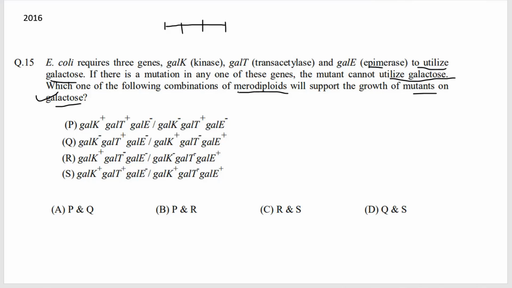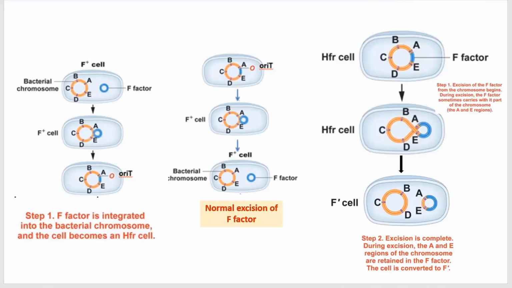The merodiploids concept I had already explained in the previous lectures, so I'll just go through a little revision. In bacteria, gene transfer takes place when there is a bacterium which has the F plasmid.